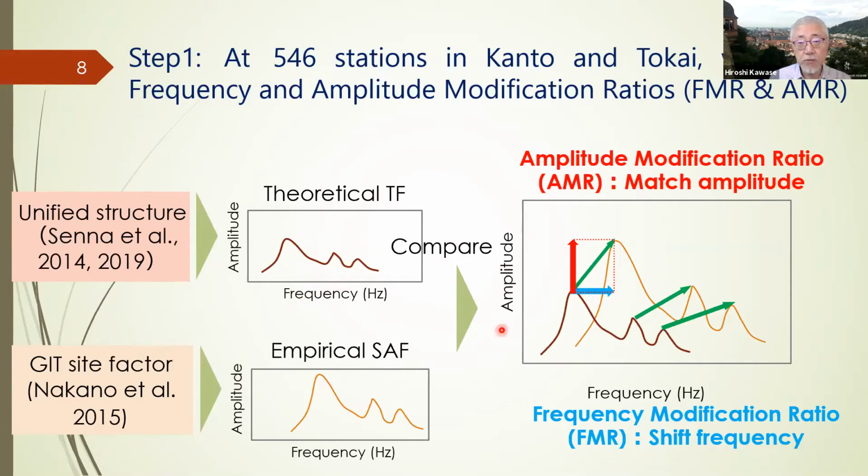Then, to fill the gap between them, we determine by grid search the frequency modification factor to shift the frequency to the right position, and also to match the amplitude, we introduce an amplitude modification factor.